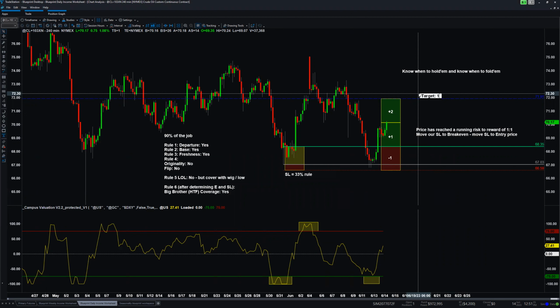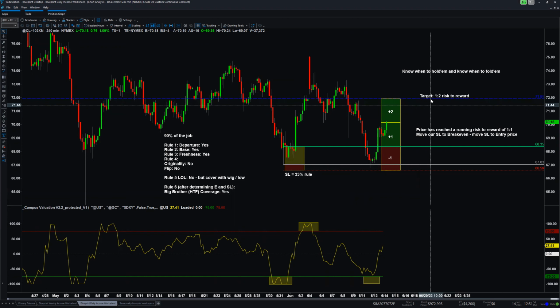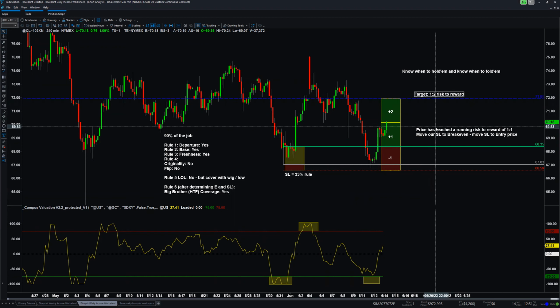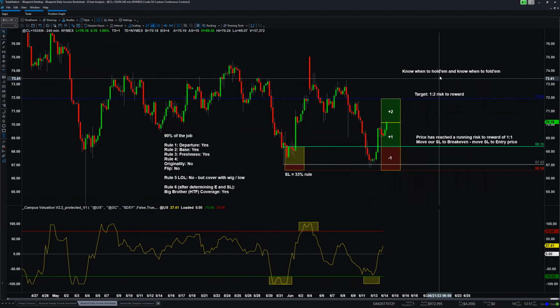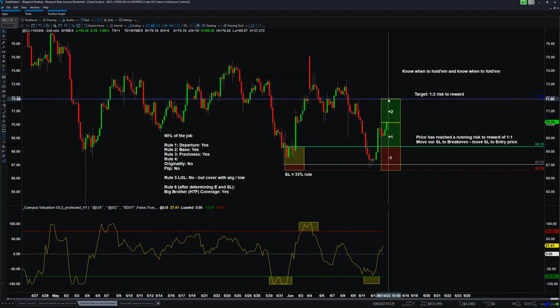Because it's a sideways trend, my target is at 1 to 2, risk to reward. And I can, again, preset that. So that's also a way of trade management because I have a preset, predefined target. I know where to get out, and that's set already.